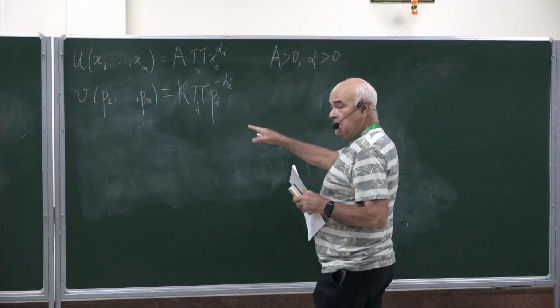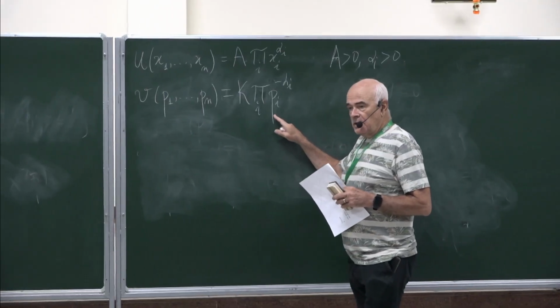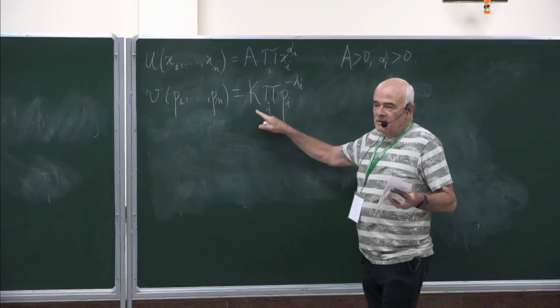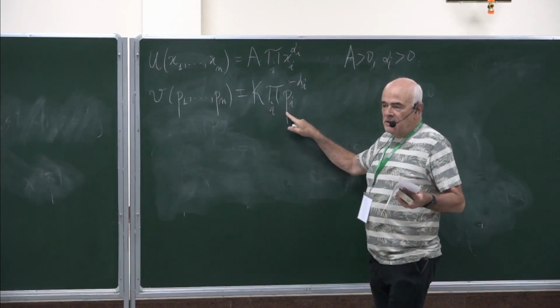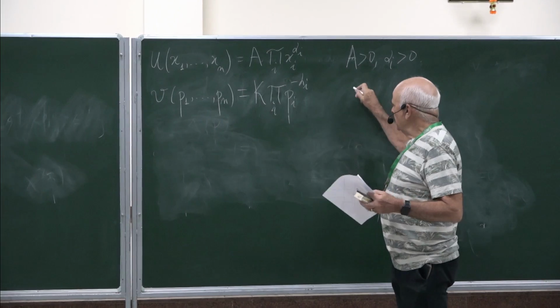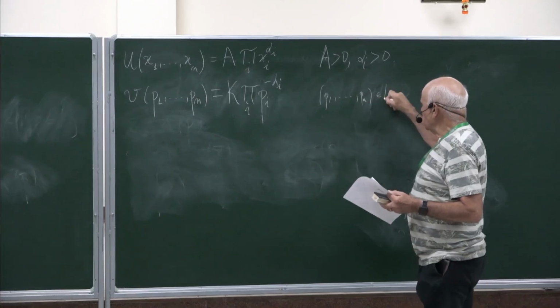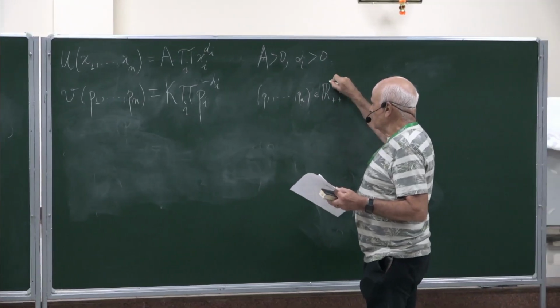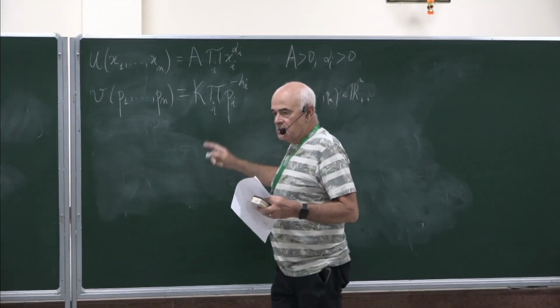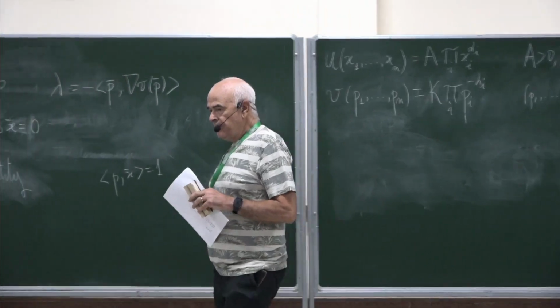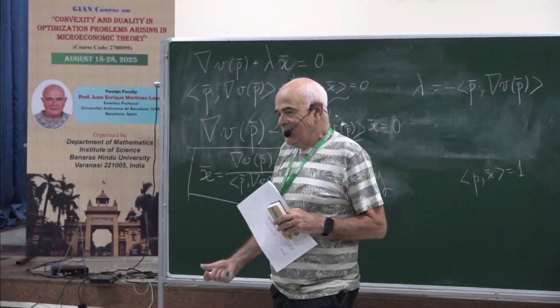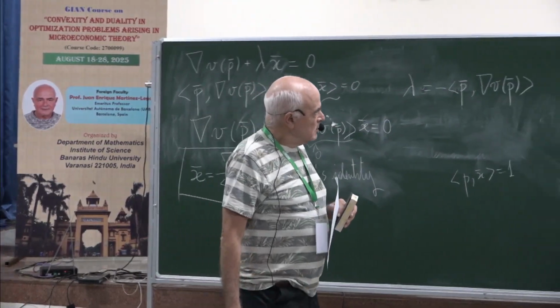But look, this is valid only for p_i different from 0. So this is true if (p_1, ..., p_n) is in R_{++}^n. Otherwise, raising to a negative power is undefined.